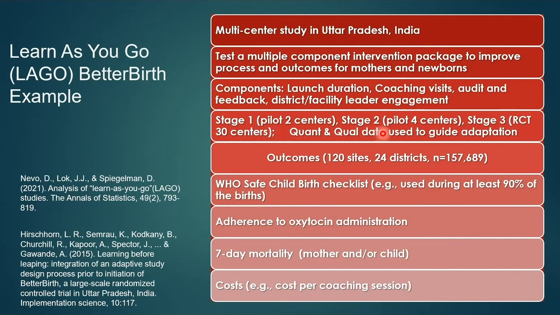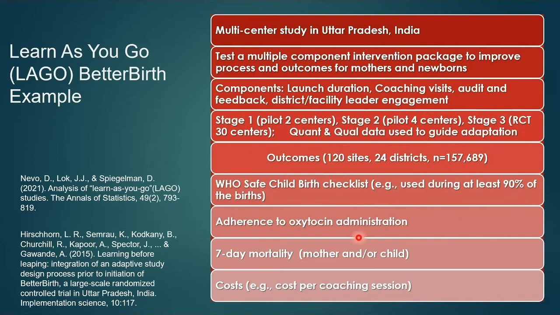And qualitative and quantitative data were used to adapt the intervention package at the end of each one of these stages. And so there were 120 sites in all among 24 districts, and there were almost 160,000 deliveries during this period. And the goal was to get the WHO Safe Childbirth Checklist used in at least 90% of the births.